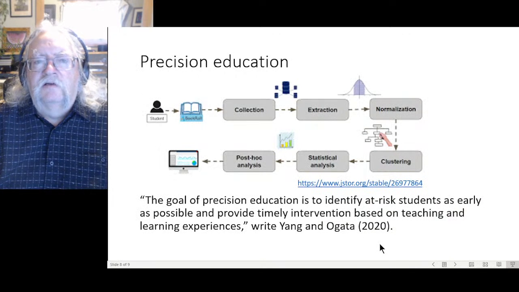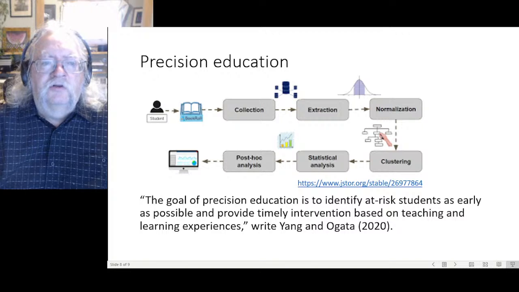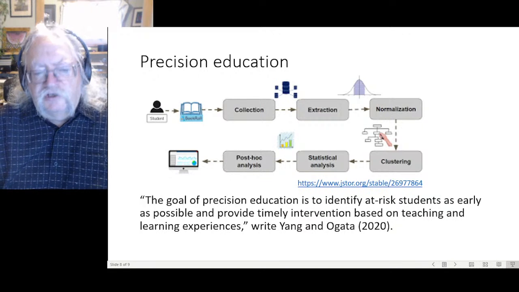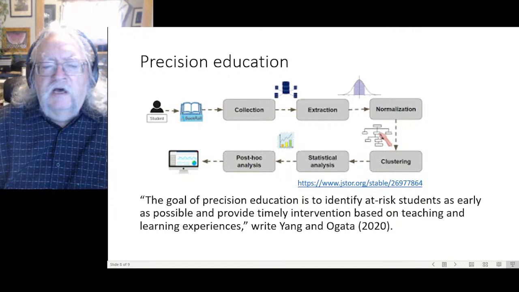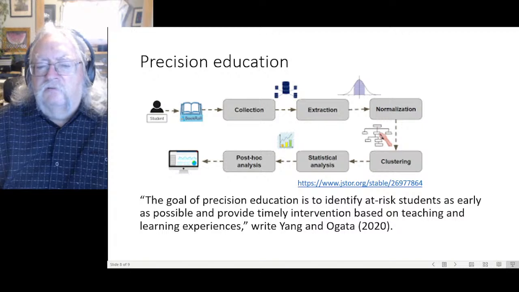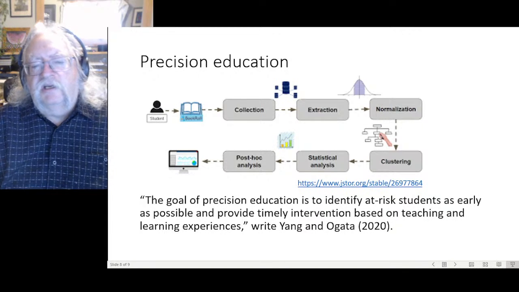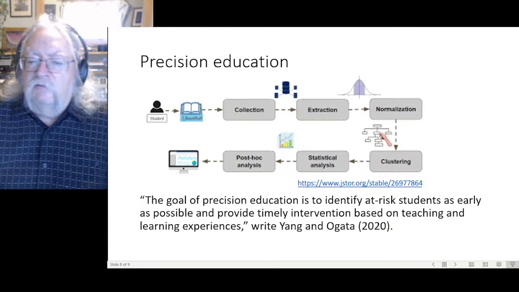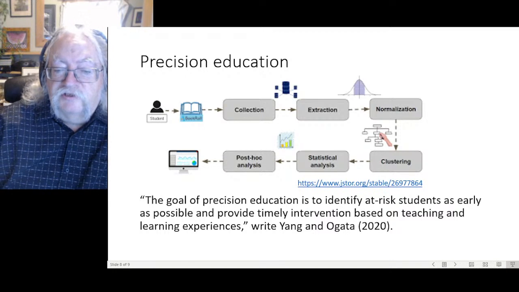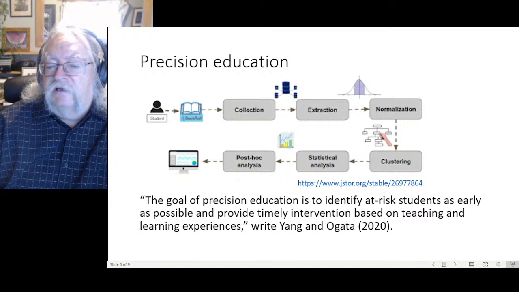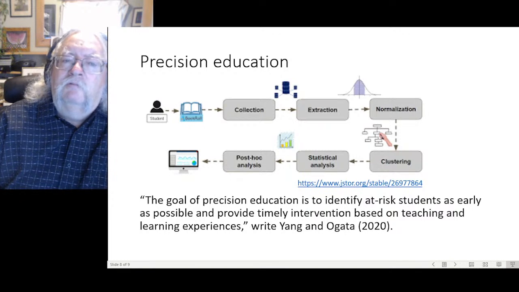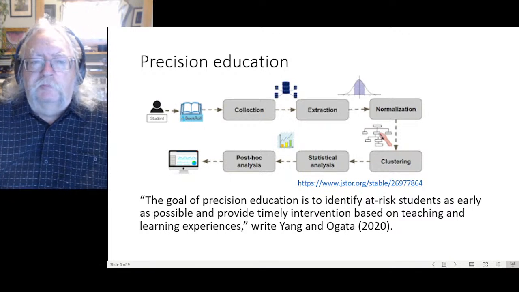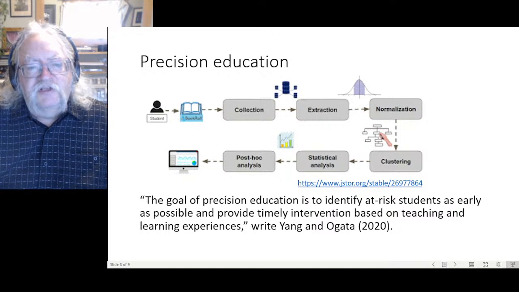There's a field, in fact, out there called precision education. And if you do a search on this, you'll find a number of resources. Yang and Ogata write that the goal of precision education is to identify at-risk students as early as possible and provide timely intervention based on teaching and learning experiences. We can see why we've grouped all of these into the same category.